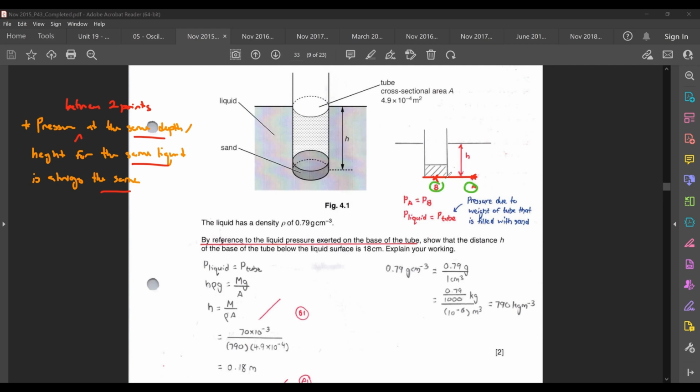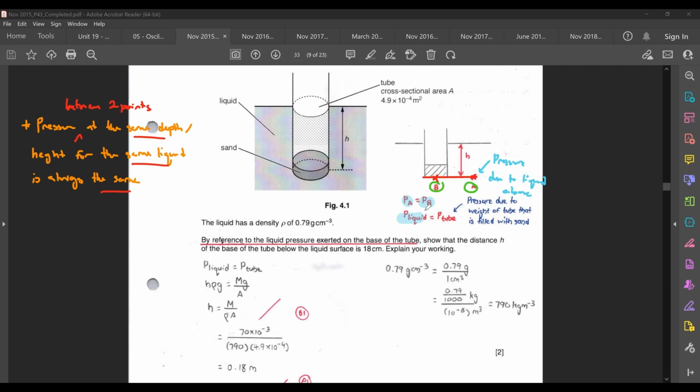So because they are at the same depth from the surface and you're talking about the same liquid, you could say that pressure at point A is going to be the same as pressure at point B. Now, pressure at point A over here is the pressure due to the liquid above that point. So I can say that pressure at PA is the pressure of the liquid.